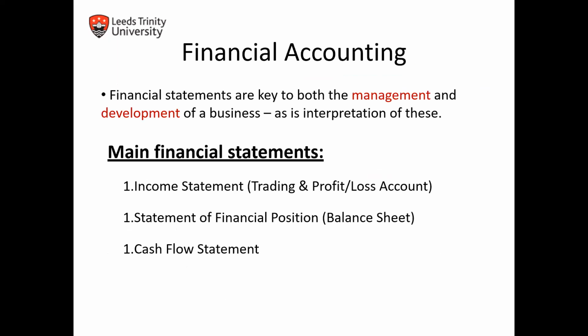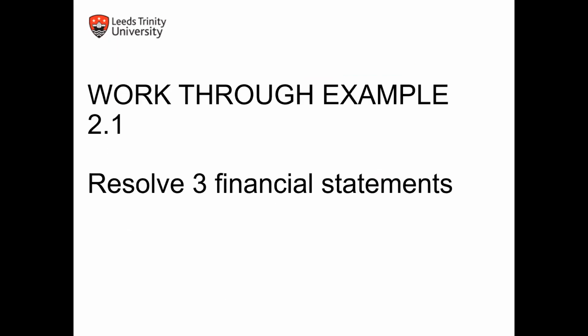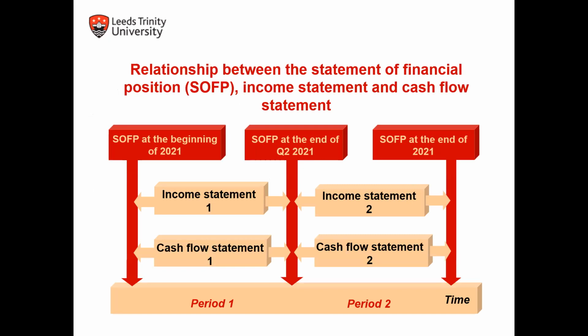In general, there are 3 financial statements, which include the income statement or trading and profit and loss account, the statement of financial position or balance sheet, and the cash flow statement. What is a statement of financial position? A statement of financial position shows the financial position of the company at one certain point between 2 periods.